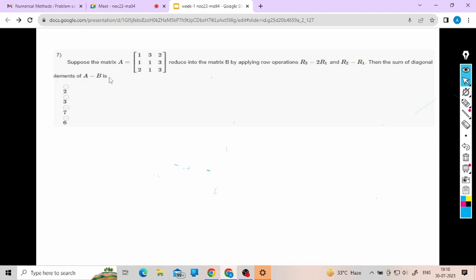So hence you will get the correct option as B. I hope no one has a doubt. If you have a doubt, you can ask. Is it clear to everyone? Okay, so let's move to the next question.